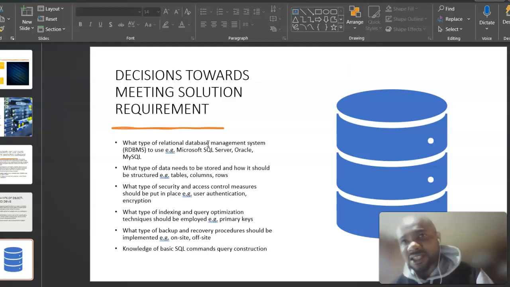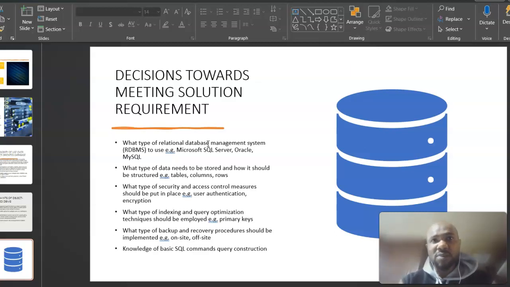It should be external or internal. Also the knowledge of basic SQL commands: you need to know the proper commands and how to structure them to pull out information from the database.